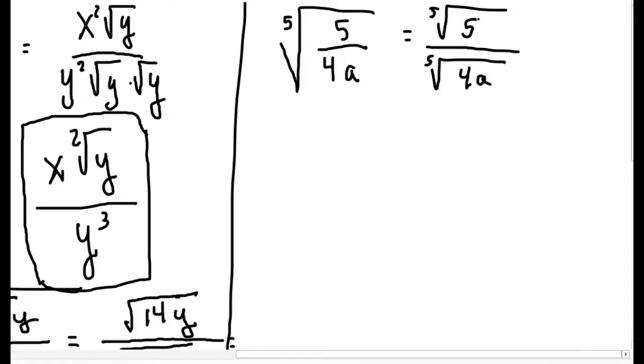Then you put your 5 for your index number, and then your AR for your open radical sign. Then you do your fraction, 5 over 4a, and then your termination indicator after that.